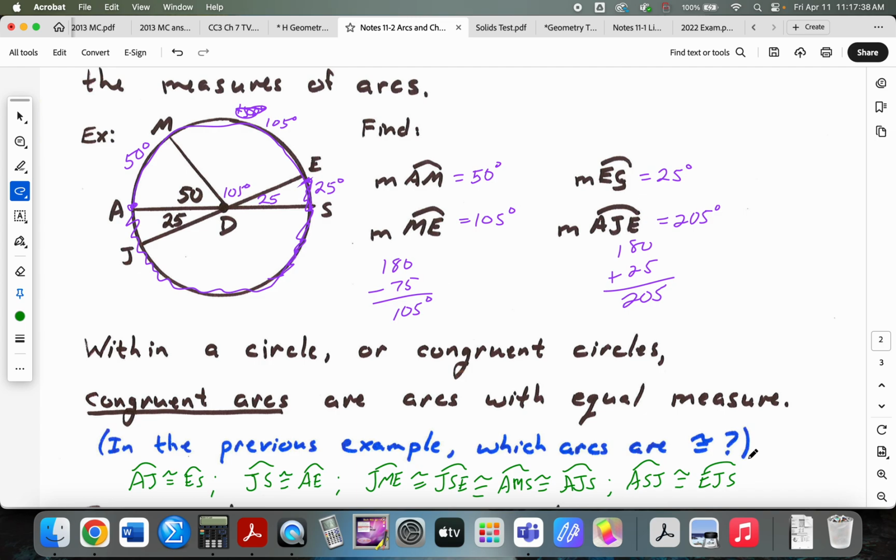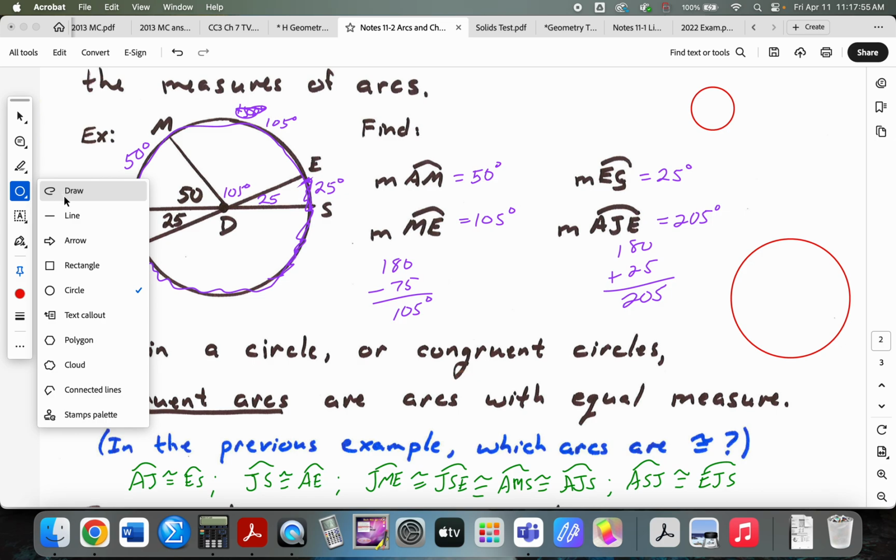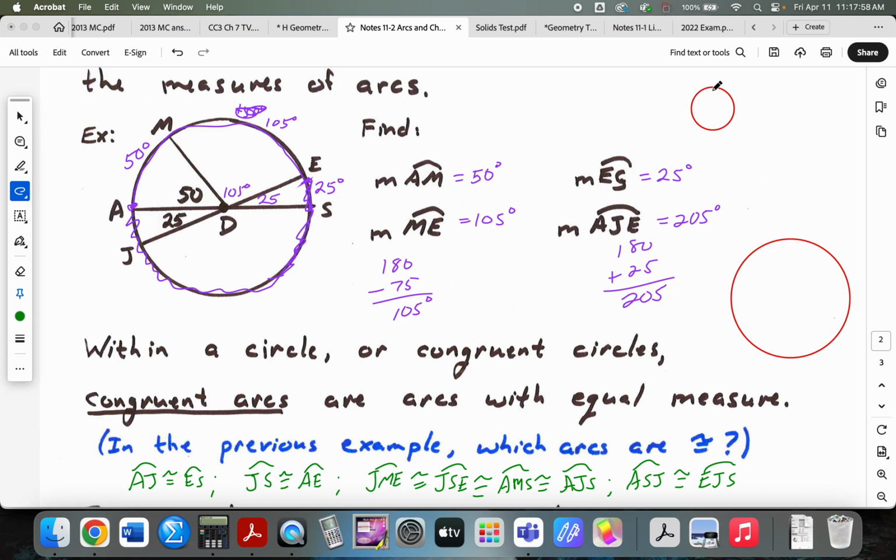Now, before we move on, let me point out to you why this first part is so important. Those were all within the same circle. You don't need to draw this if you don't want to. It's entirely up to you. All right.